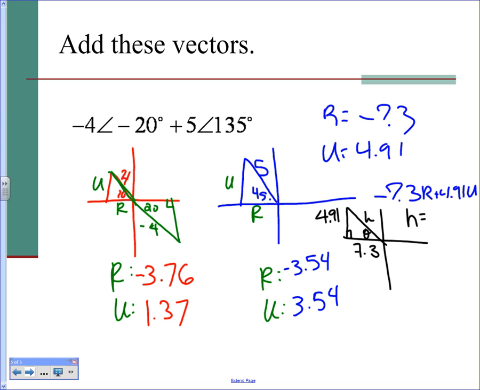What would you get for your hypotenuse? Yeah. I agree. How do we get our angle? 4.91 over 7.3. Opposite over adjacent. What do you do when you get that? I got 33. Yeah.